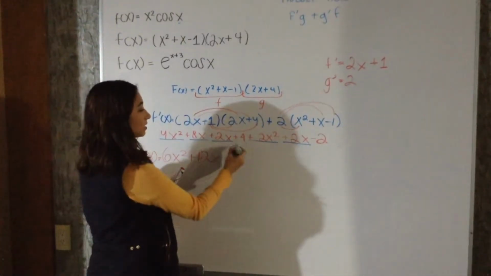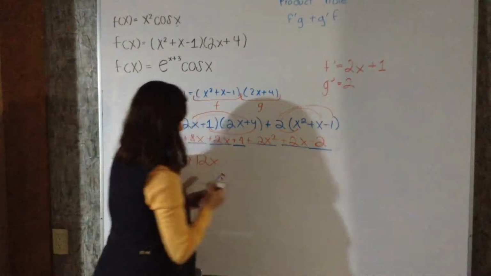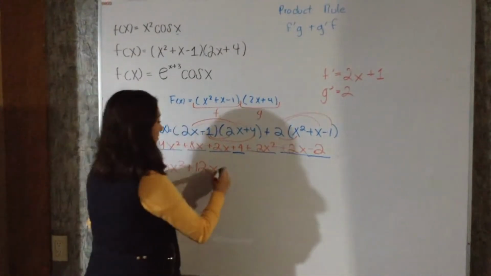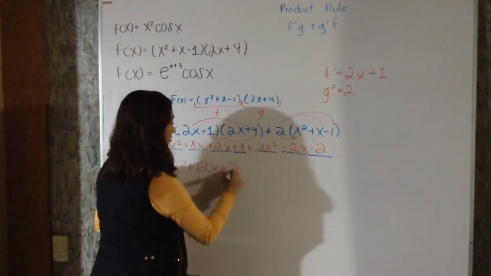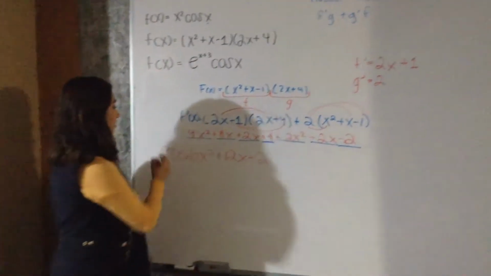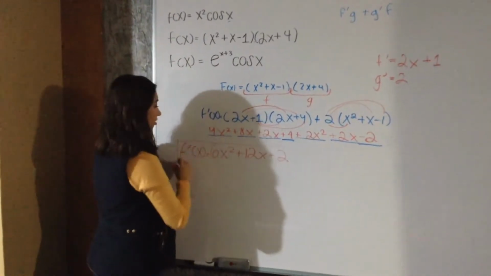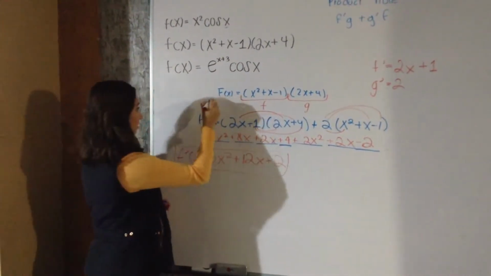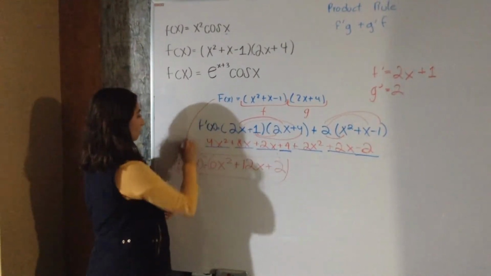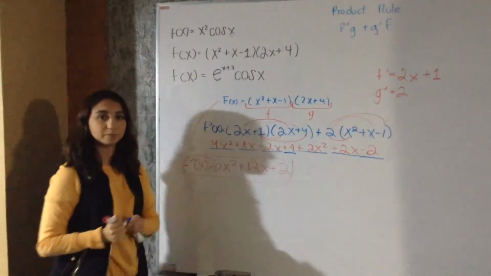Then plus 4 minus 2 is 2. And this is the presented derivative function of my original function.